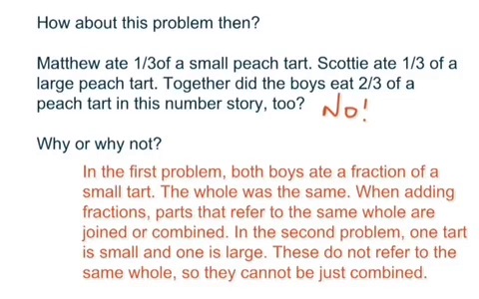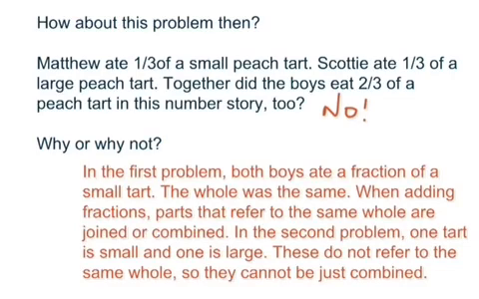Okay, hopefully you'll say no, that they wouldn't have eaten 2/3 of a peach tart. And on the why not, in the first problem, hopefully you could say that both boys ate a fraction of a small tart. The whole was the same, a small tart for each one of them. So when adding those fractions or those parts that refer to the same whole, you just join them or combine those fractions.